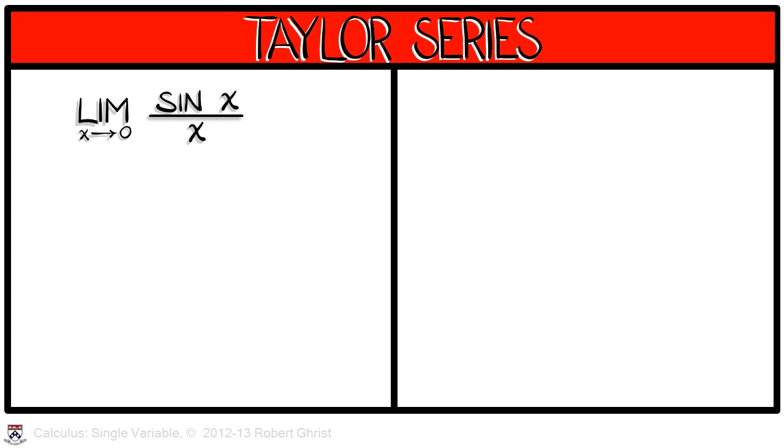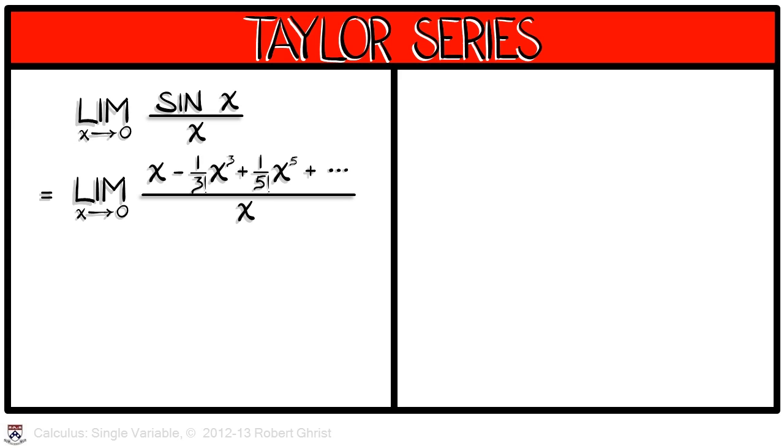If we consider the limit as x goes to 0 of sine of x over x, we know what sine of x is. That's x minus x cubed over 3 factorial plus higher order terms. Now, thinking of this, as we do, as a long polynomial, what are we tempted to do?